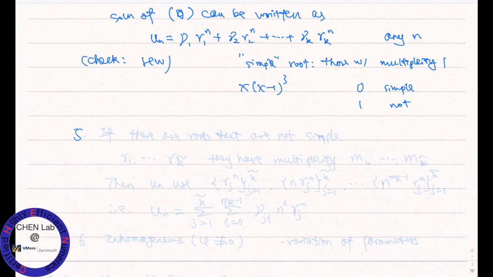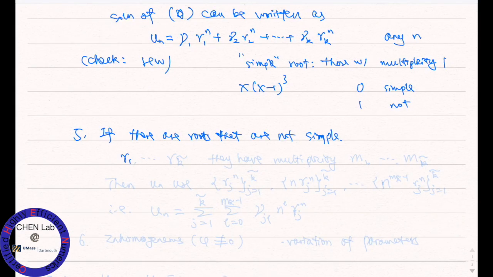So if there are roots that are not simple, let's say instead of R1 to RK, if you list all the different roots, you only have up to K delta.